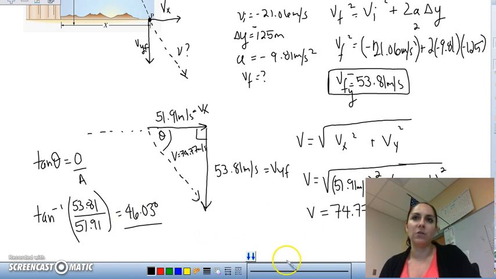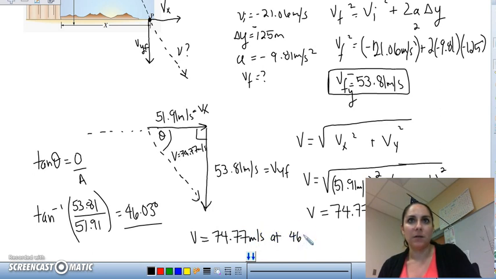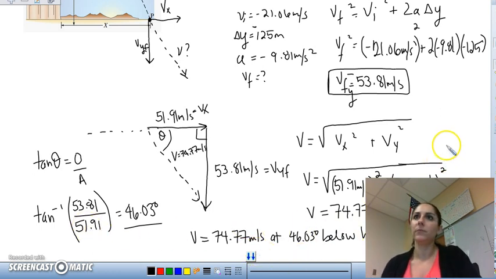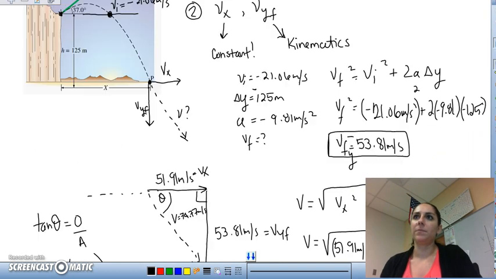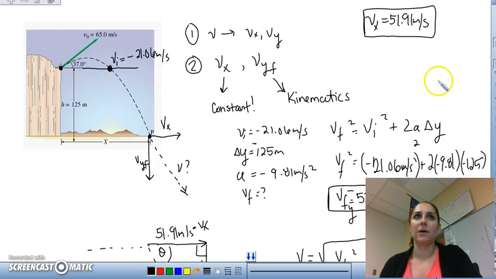So the official final answer would be the final velocity is equal to 74.77 meters per second at 46.03 degrees below horizontal. That is the official way to do this. That was a pretty big chunk of time, but that's what we figured out: the landing velocity.